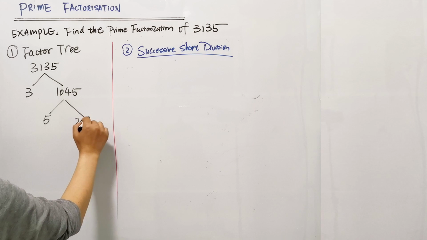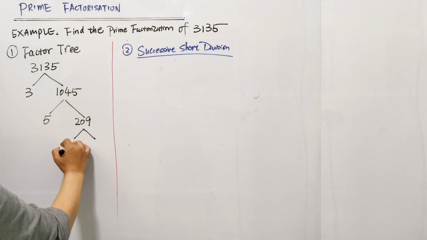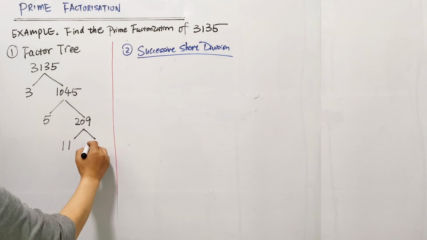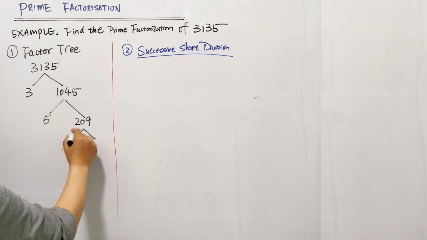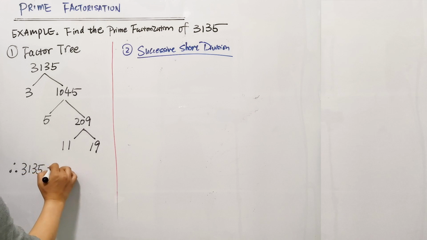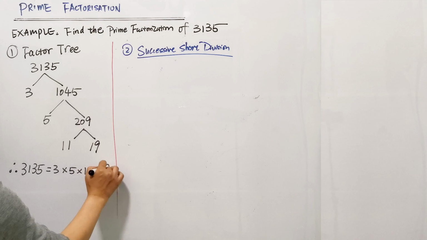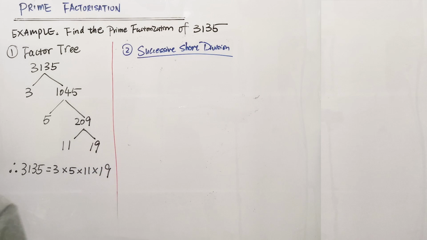Then we got 9, right? Okay, let's continue. How about this one? What we get? 11. So 11 we have a 1, then we divide. Okay, so 19, right? Okay, so we get the answer here. Therefore, 3135 equals 3 times 5 times 11 times 19, right? Okay. Now we find the answer.